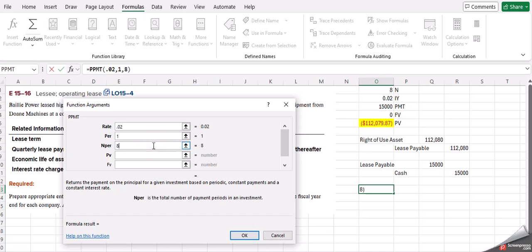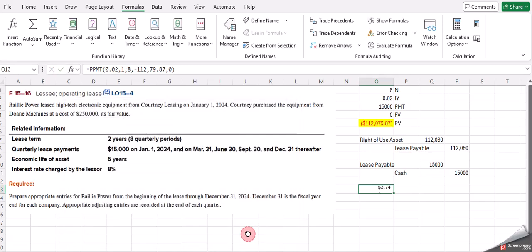We have 8 total payments. The present value is, that should be negative, right? Let me just see if that's, yeah, okay.